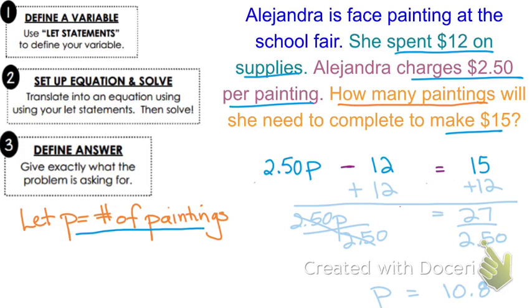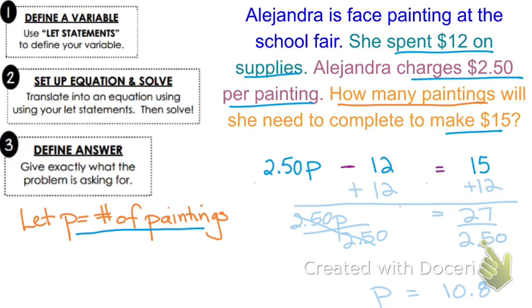So let's think about what this is saying. The question wants to know how many paintings will she need to complete to make at least $15. She needs $15 to buy whatever, maybe she was trying to earn money to buy a shirt or something at the store. So it says that she needs to do 10.8 paintings.